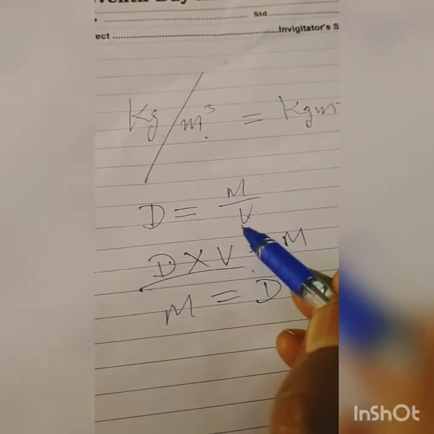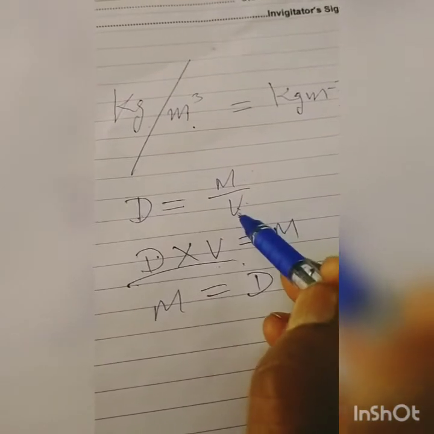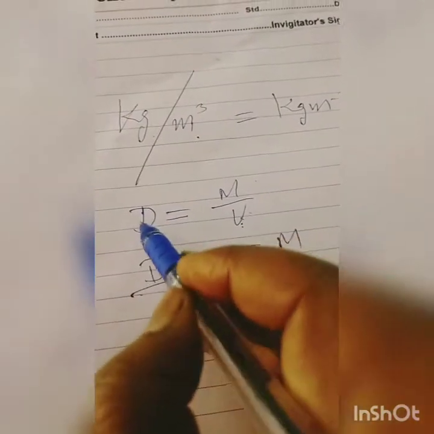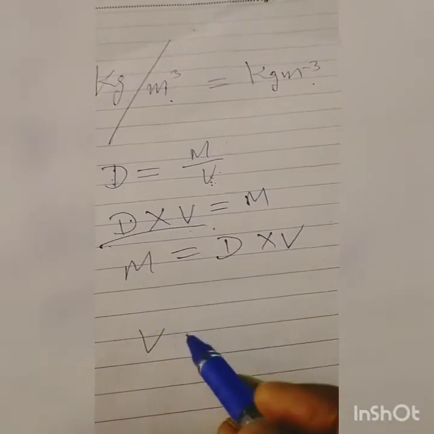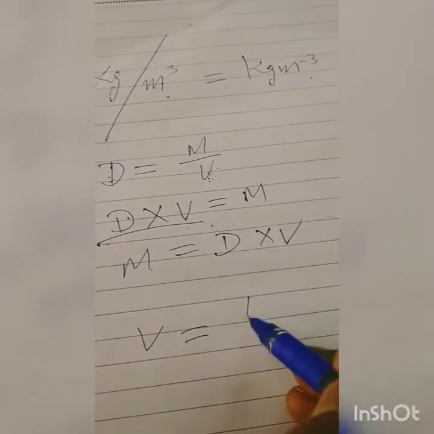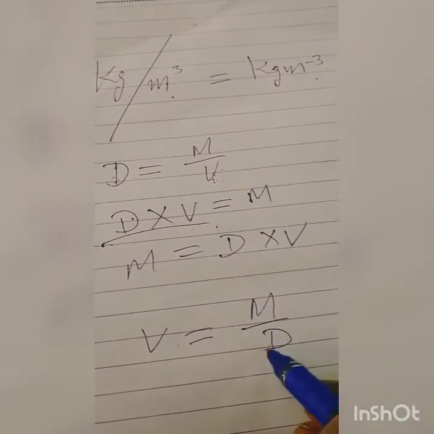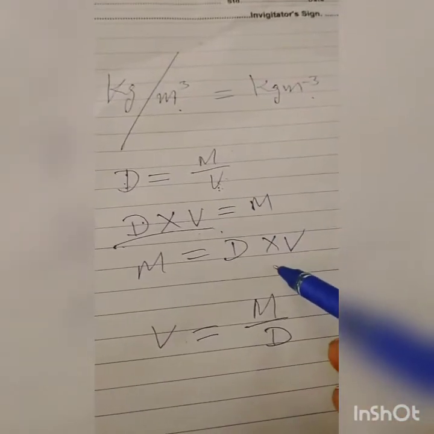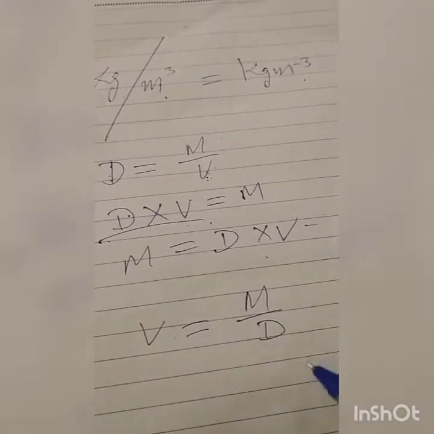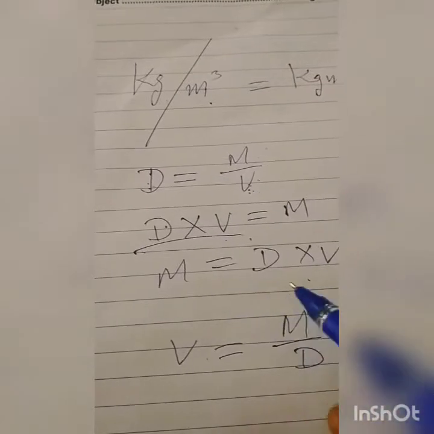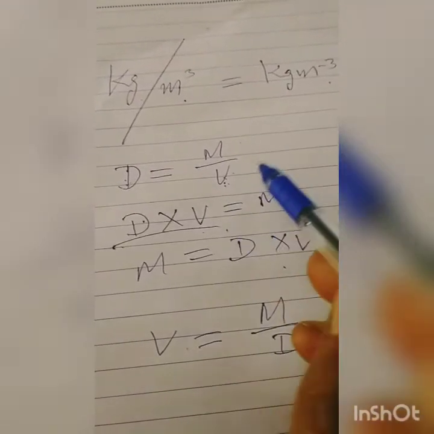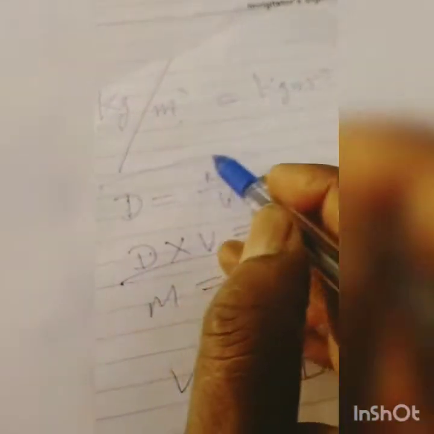And if you have to find volume, then take volume to this side and density in place of volume. So that becomes volume equals mass upon density. Okay, so these are the formulae used here. And we have numericals also in this chapter. So just remember these formulae. And if you just know this formula, you can convert the formula for others.